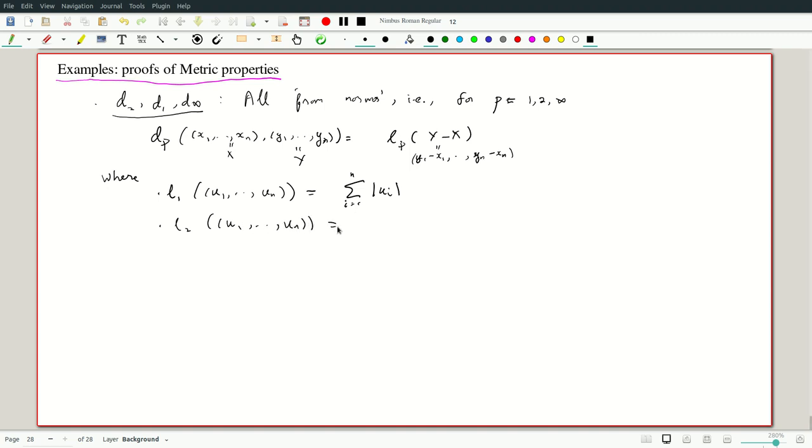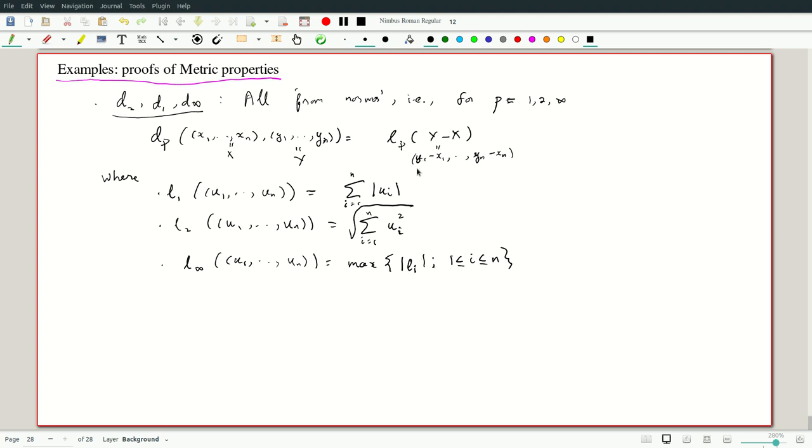Remember, L2 had a square root of the sum of squares of differences, but the differences are absorbed here. So it's the square root of the sum from i equals 1 to n of ui squared. Because a square is positive, I don't have to say mod. And finally, L infinity of u1 to un is going to be the maximum over i of mod ui, where 1 is less than or equal to i is less than or equal to n. So these are the three distances.